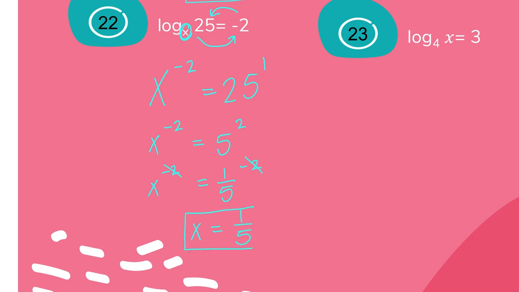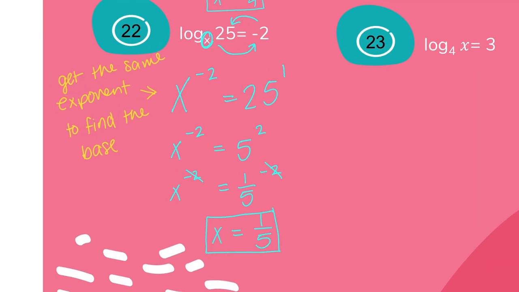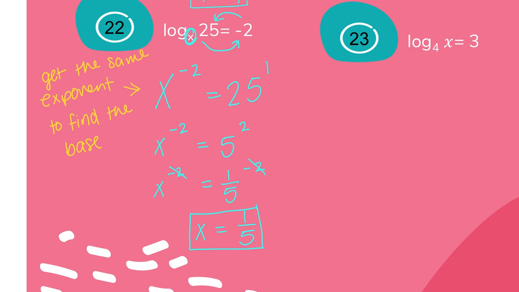Okay, so in this case, you have to try and get the same exponent to find the base for that question.